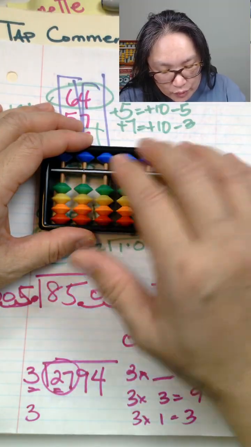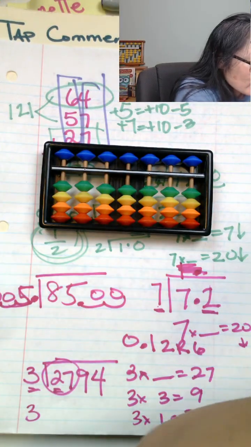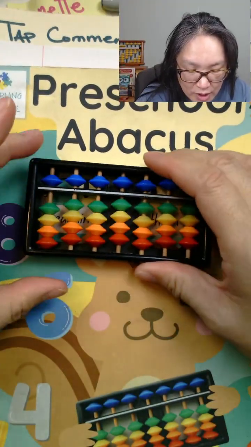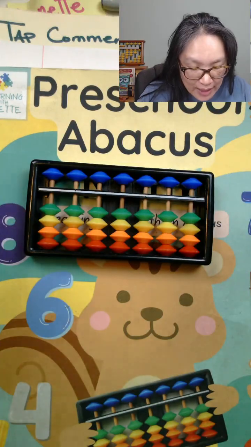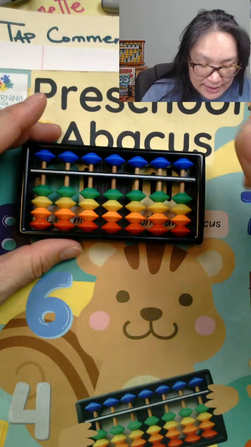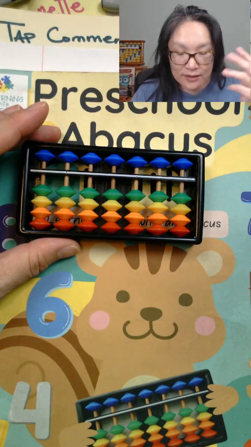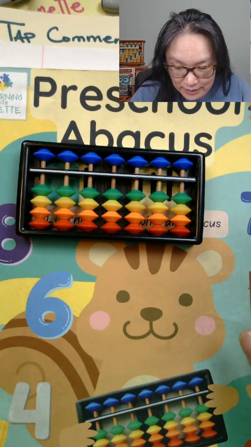Children who learn abacus already know their numbers, but I went one step further and wanted to introduce abacus to preschoolers who are learning how to count. We can do adding, subtraction, multiplication, and division.